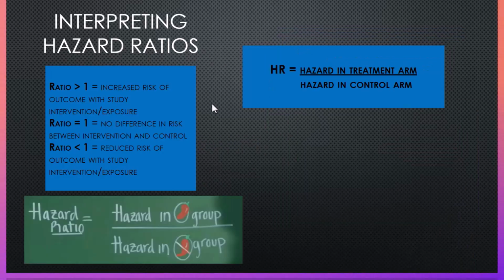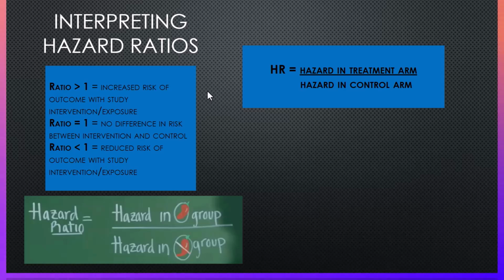We saw the interpretation of the fatal heart attacks and strokes in the chili eating group and the non-chili eating group. Continued interpretation, a ratio of greater than 1 shows an increased risk of outcome with the study intervention or exposure.